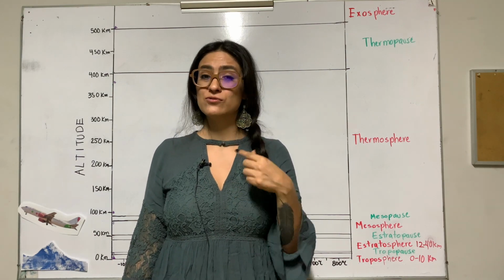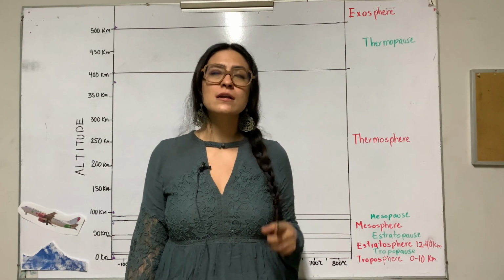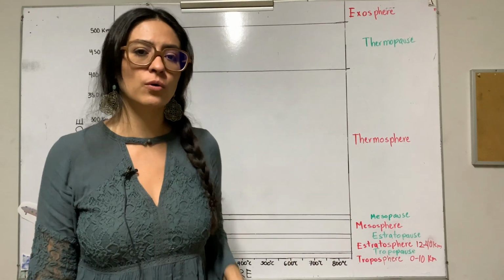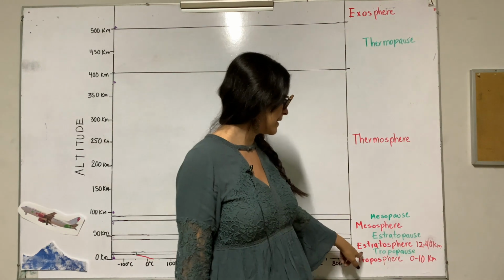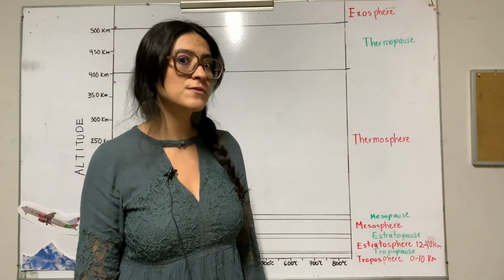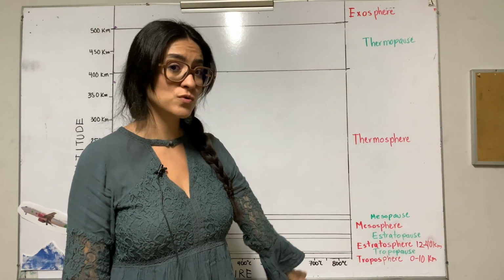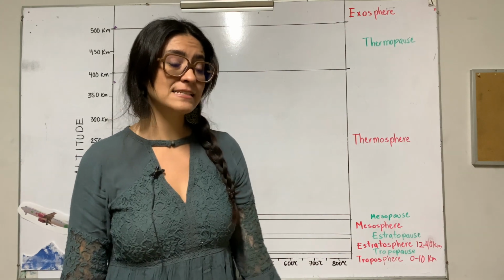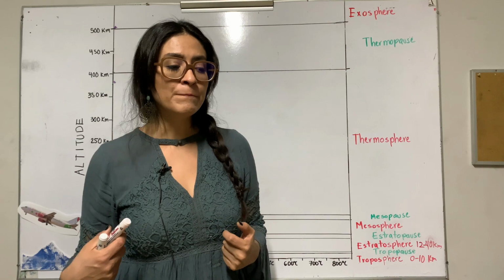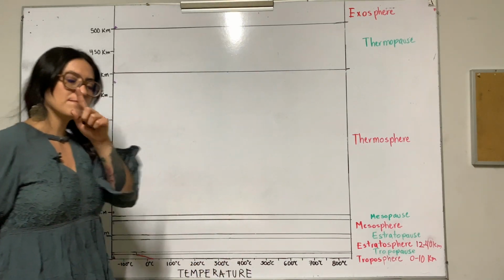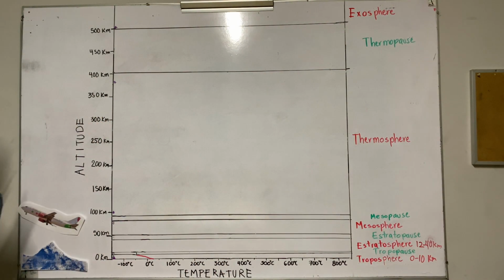And also because there we have a really important layer that is called the ozone layer. Sometimes you can see that the stratosphere is also called the ozonosphere because it contains the ozone gas. And that gas is the one that is absorbing all of the UV radiation from the sun, and because of that, something happens to the temperature.